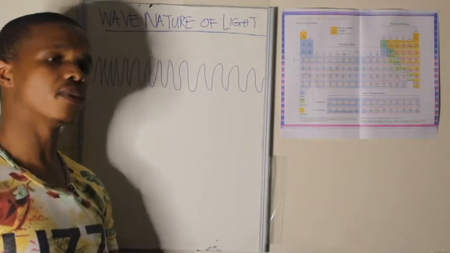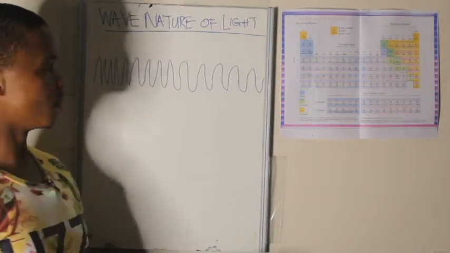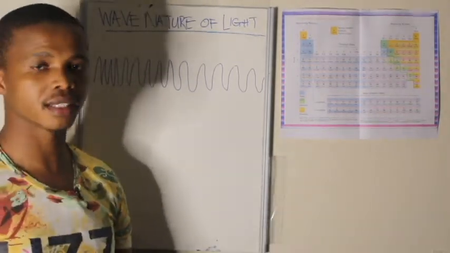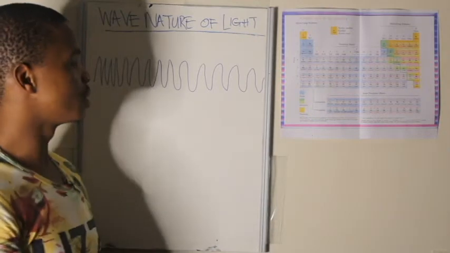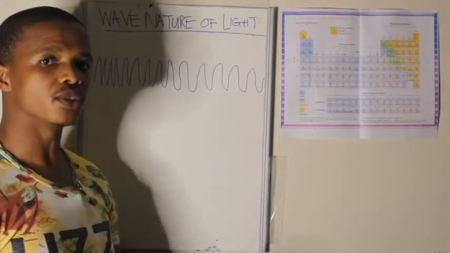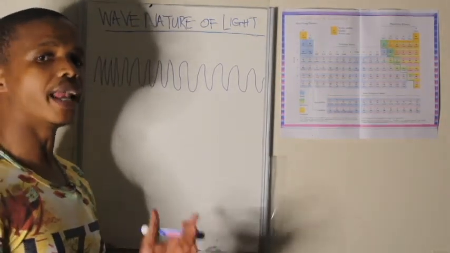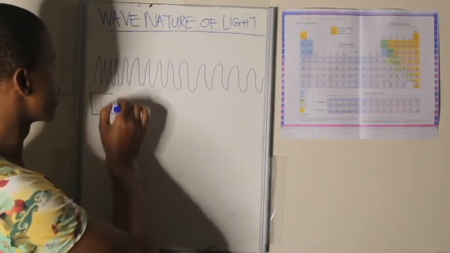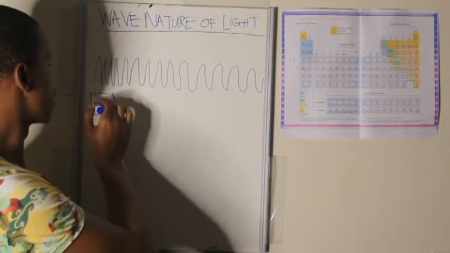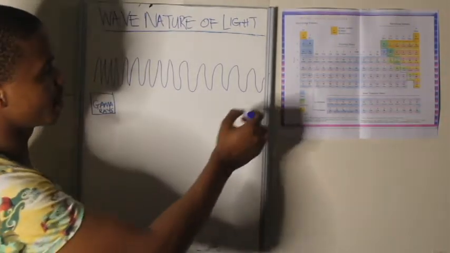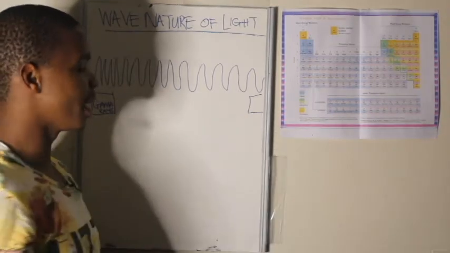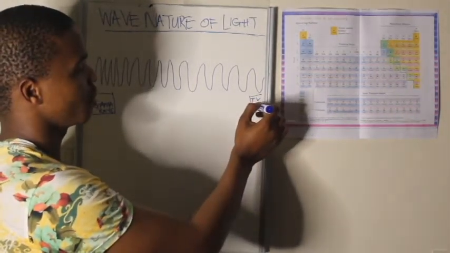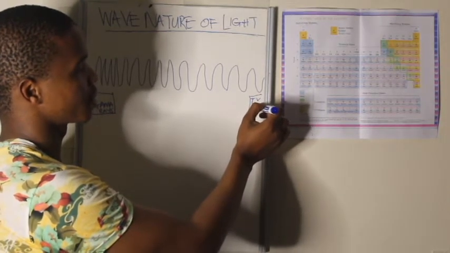As you go from high frequency to low frequency wavelengths, you have what is called your electromagnetic spectrum, where at the high end you have your gamma rays, and at the lower end you have your TV or radio waves.